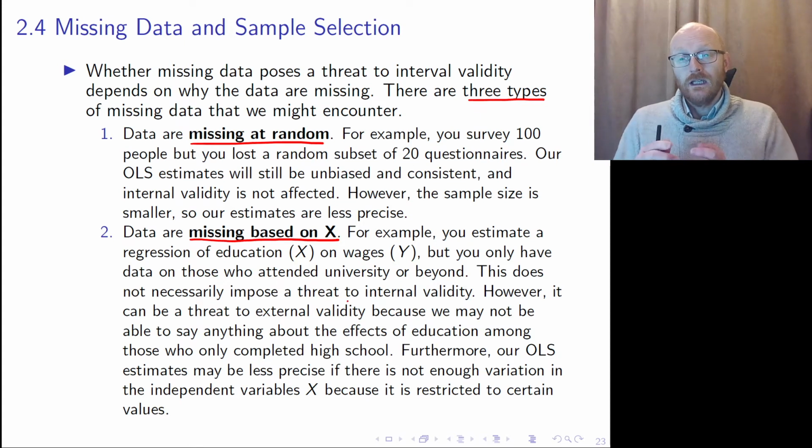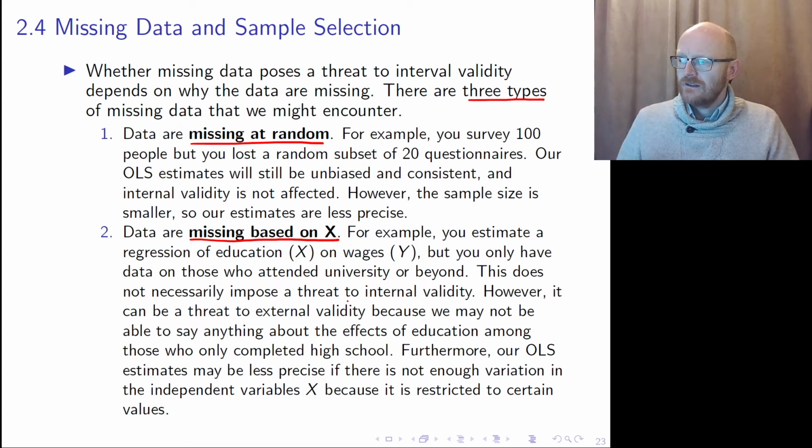Because you estimate your model based on subjects or entities who have attended university or beyond. So for this population, the set of people who have attended university or beyond, you can actually use the model on them, right?